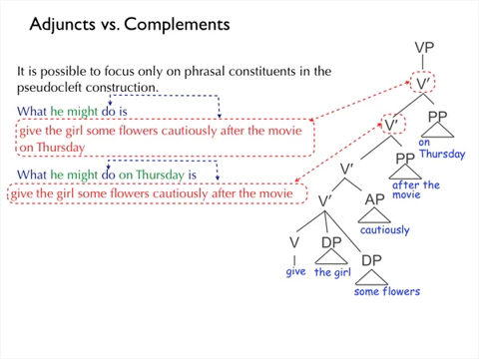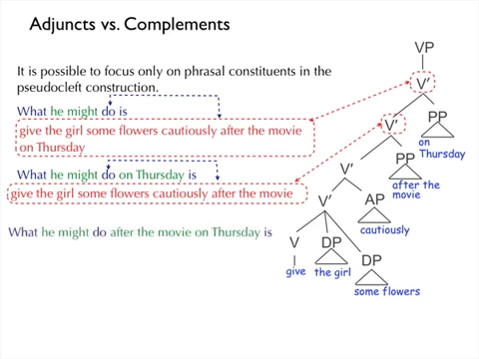And so that's going to also give us evidence about which things are complements and which things are adjuncts. Under the hypothesis that, as I said earlier, complements are sisters of the verb, right? Complements of a verb are its sisters. Adjuncts are farther out, not as closely related to it.